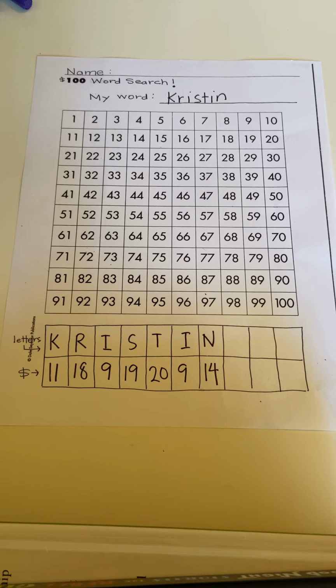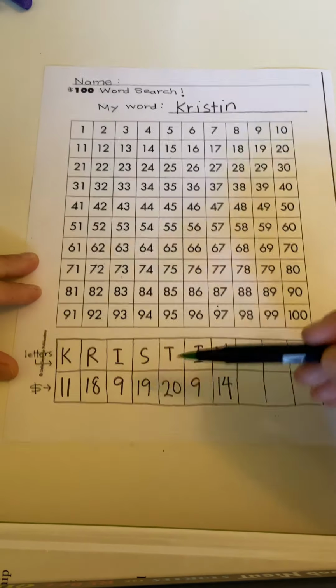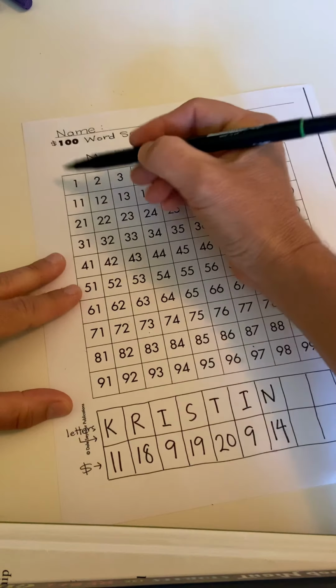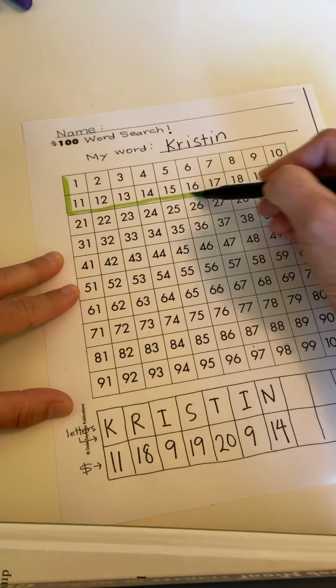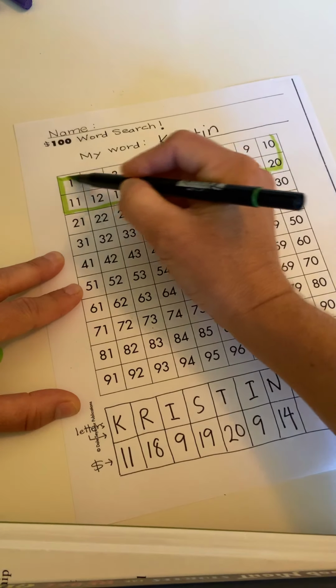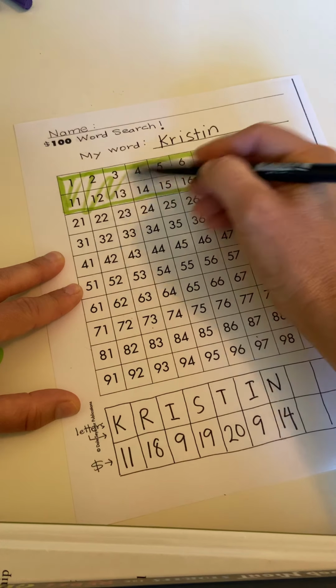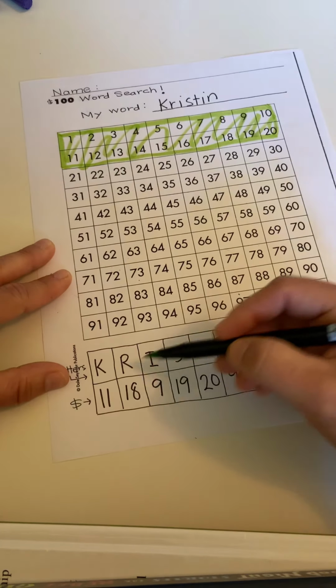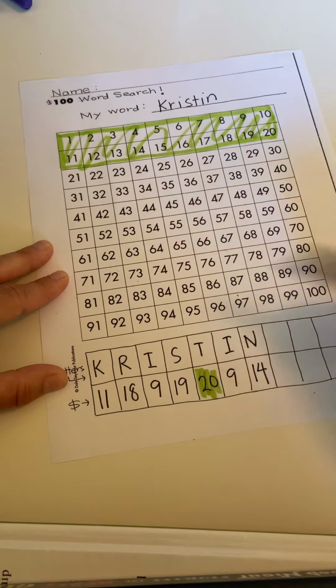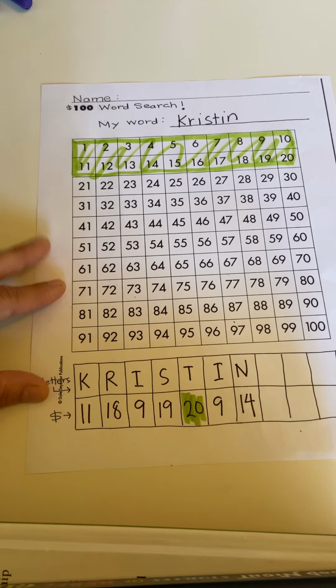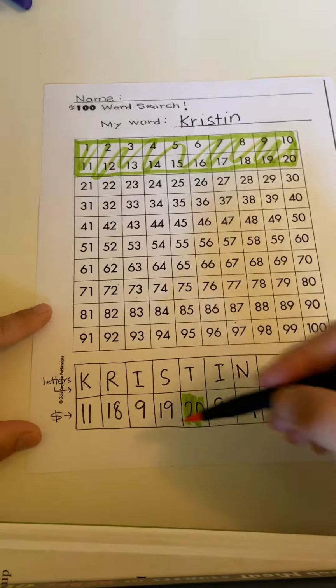So I'm going to take this marker and I'm going to fill in 20, and I'm going to do it in a really quick way. I'm going to block off 20 just like that. And I like to mark it off here too that I've already filled in my 20. Next, I think I'm going to go with my next biggest number, which is this one, 19.